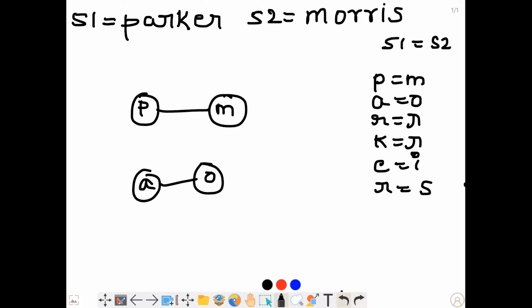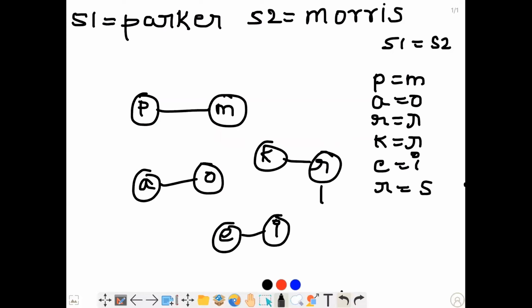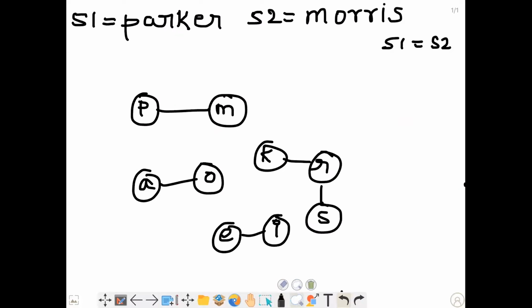By the principle of reflexivity, we know every character is equivalent to its own. So we don't consider self edges here. And we have K to R, and we have E to I, and again we have R to S. So this is the graph formed from the given equivalence.